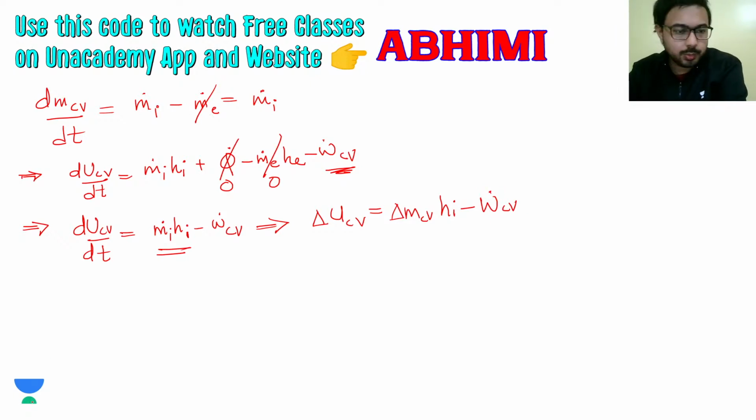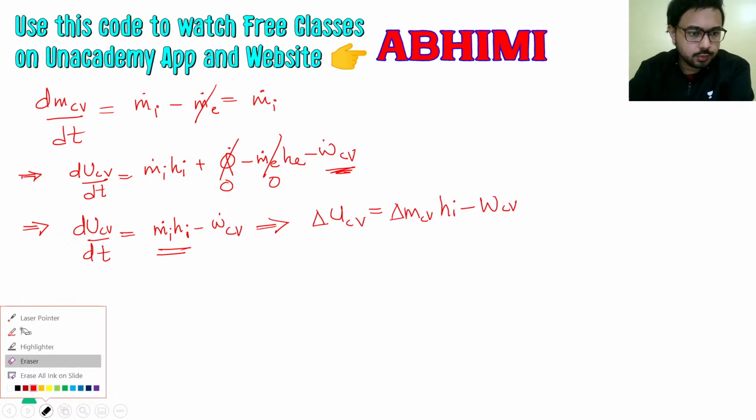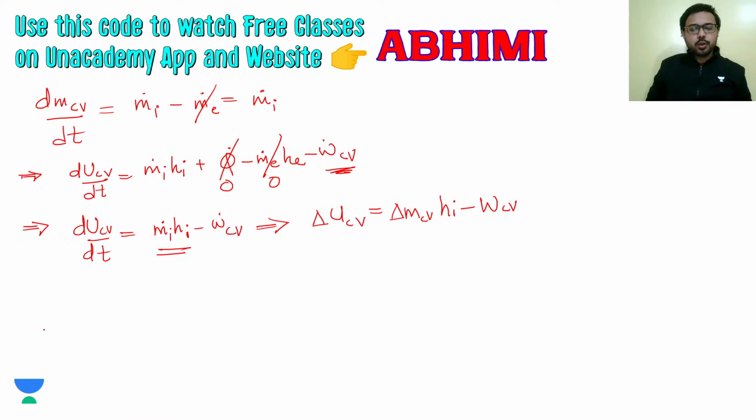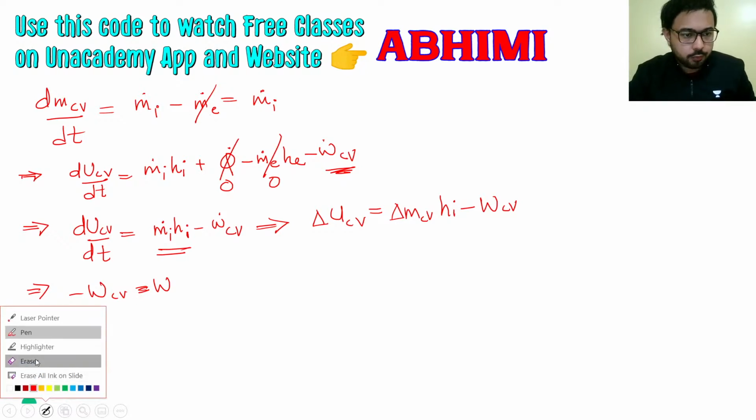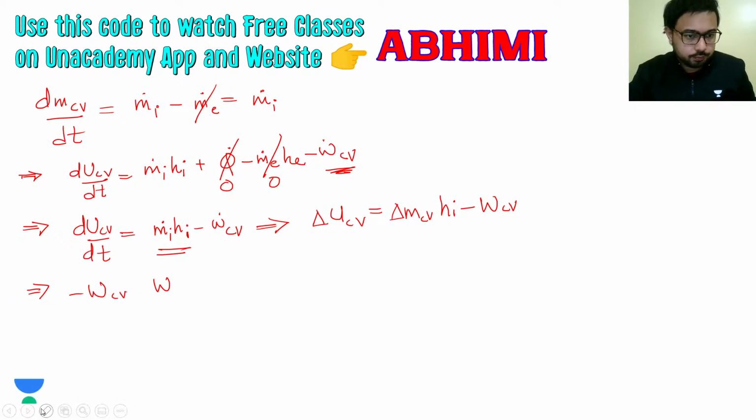The dot is now erased because we have multiplied with the time term and then integrated it. This will be your equation, and from it you can find the minus work control volume, which will be your work input that we have to calculate.